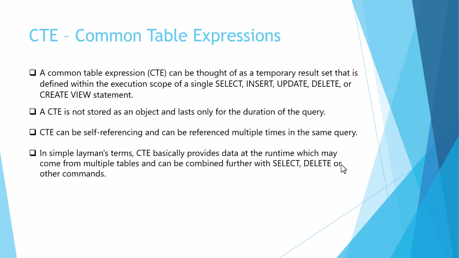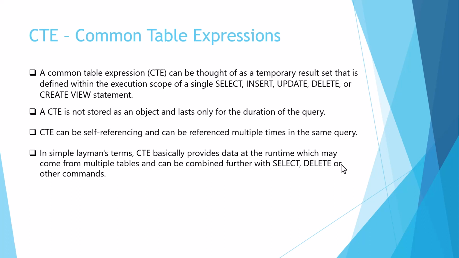You can use that data set as a temporary data set or as a temporary table, not exactly as a temporary table per se, because I'm just using the words temporary table here, but it does not reside permanently. So it's a kind of temporary data set, and till the time you execute that within the query reference, it exists. A CTE could be self-referenced, or it could be referenced multiple times within the same query.